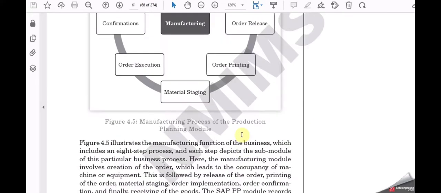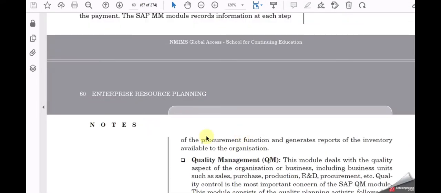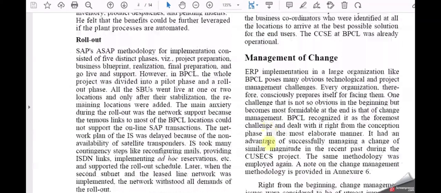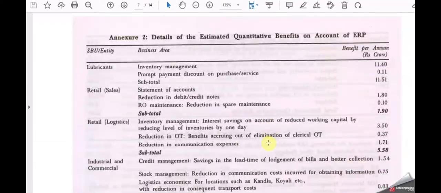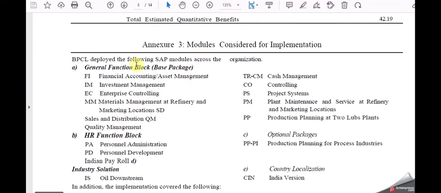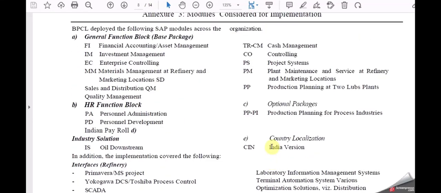Try to keep the introduction part a little different for both of them, and also try to get some information from the case study. If I'm going back to the case study, Annexure 3 is what they have mentioned, where they are trying to get information. So these are the basic modules they have mentioned, what kind of modules they are going to get. Here is the MM module and the SD module.